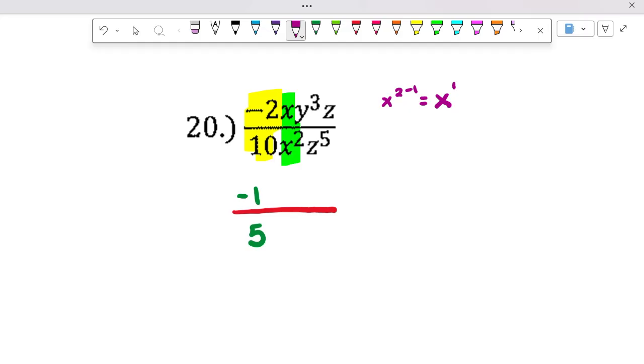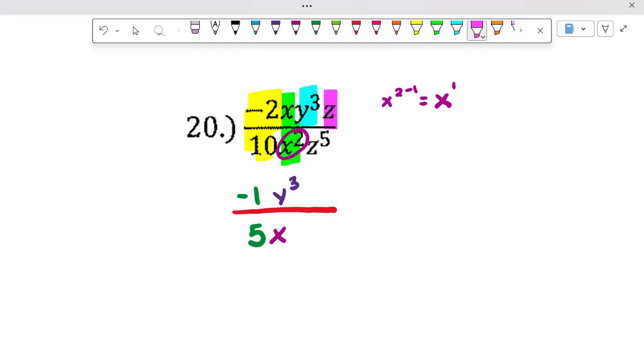Where's that 1x going to go? Numerator, denominator? Denominator, 2 is bigger than 1. So the x is going to go here. Now, the y, does it have anything to divide into it? Nope. So we're just going to leave it where it is, bring it down, put it in the same spot.